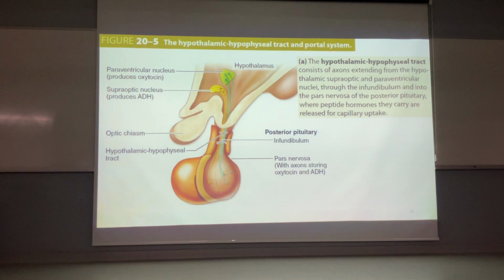Okay? In different areas of this tract, which is a type of axon, you can see some enveloped, swelled areas.